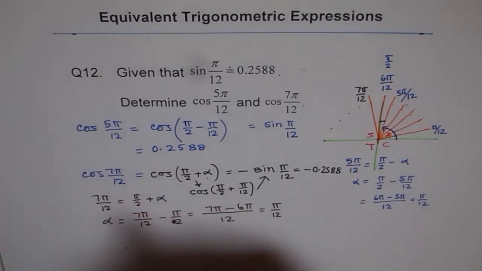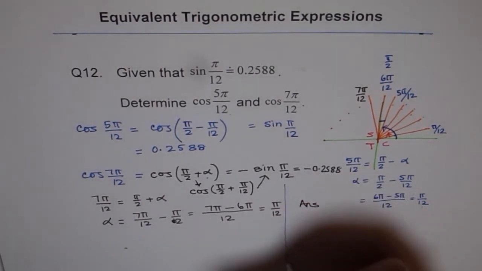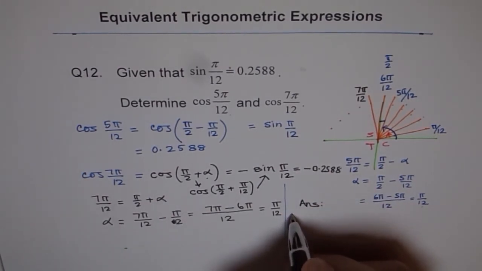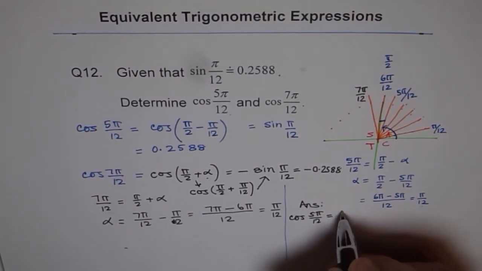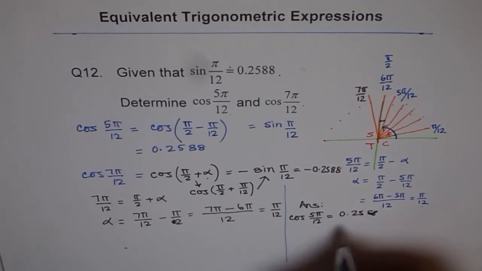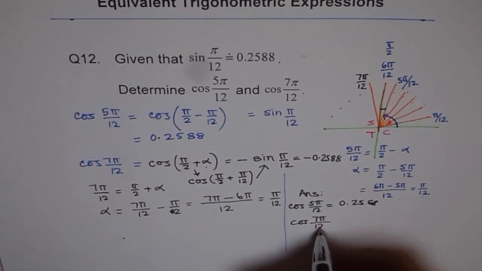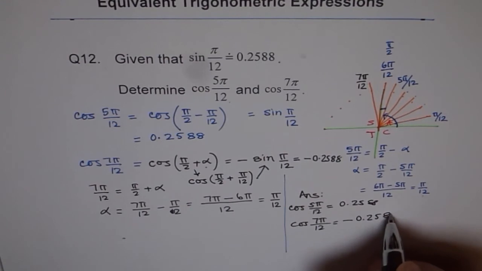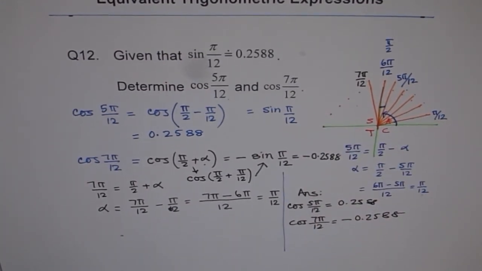Let me clearly write down our answers. Cos 5 pi by 12 is equal to 0.2588, but cos 7 pi by 12 is equal to minus 0.2588, since this is in quadrant 2. Have a clear look at it, and that's how we are going to do it. Okay, thank you.